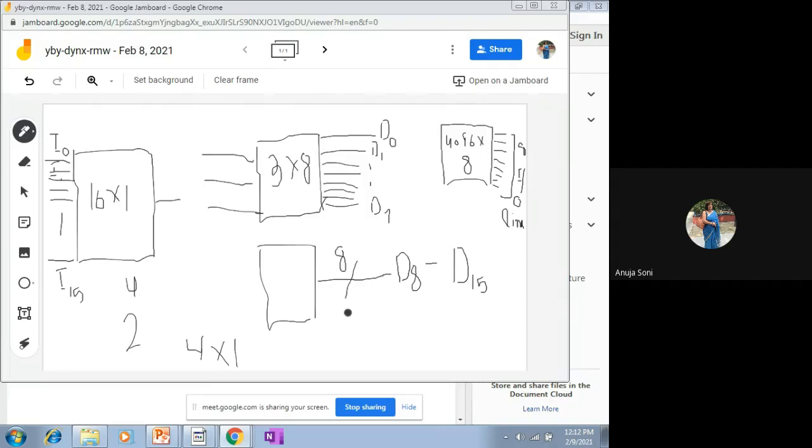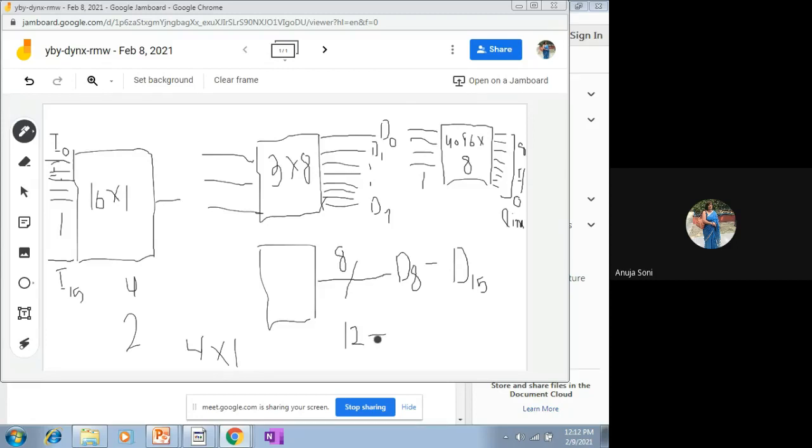Whenever 4096 is converted into a power of 2, how many lines in total will it be? 12 lines. 2 raised to power 12 comes out to be 4096. So you may say that 12 bits are being used for the address lines.